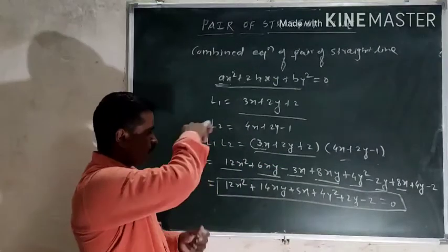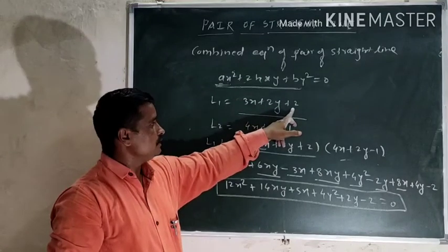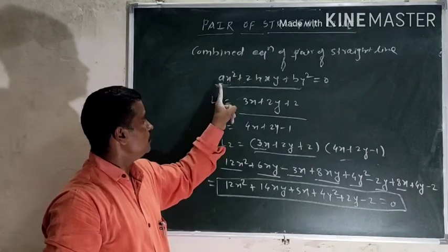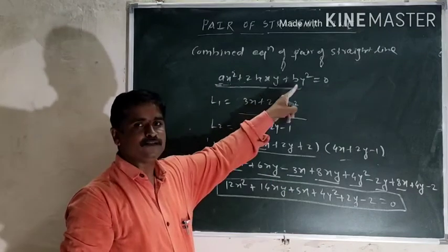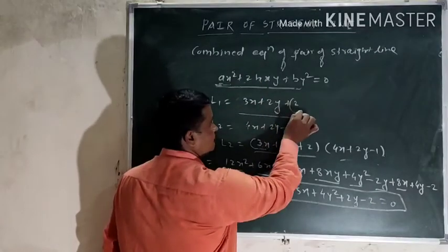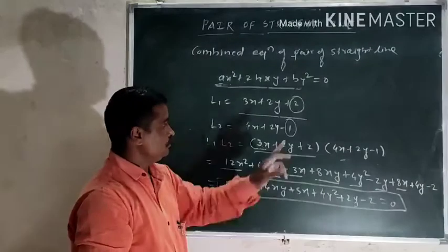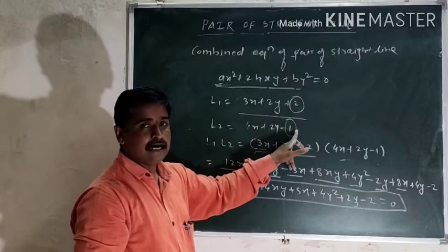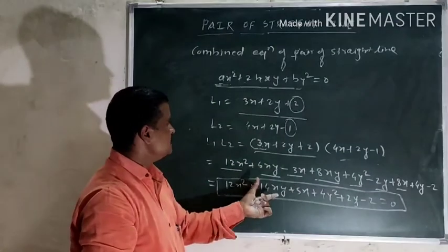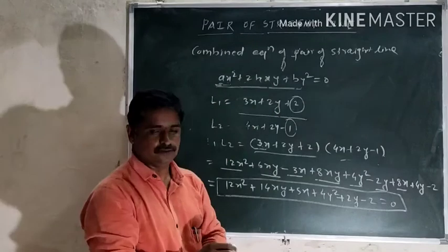Observe that it is not in the form of ax square plus 2hxy plus by square equals 0, because c is not equal to 0. That means these lines do not pass through the origin. Therefore, it is not in that form.